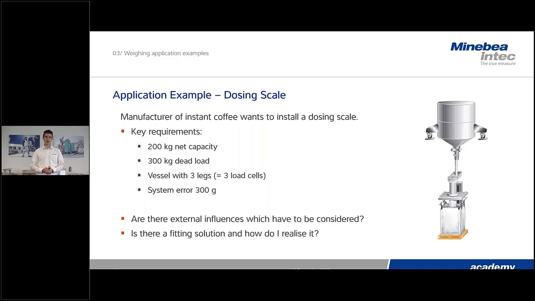For example, the net capacity of my silo is 200 kilogram, and the dead load in general with the silo is 300 kilogram. The vessel has 3 legs, so I guess that we need 3 load cells, and the system error should maximum be 300 gram. So, Michael, are there any external influences I should consider beside that? And do you have a fitting solution for me?